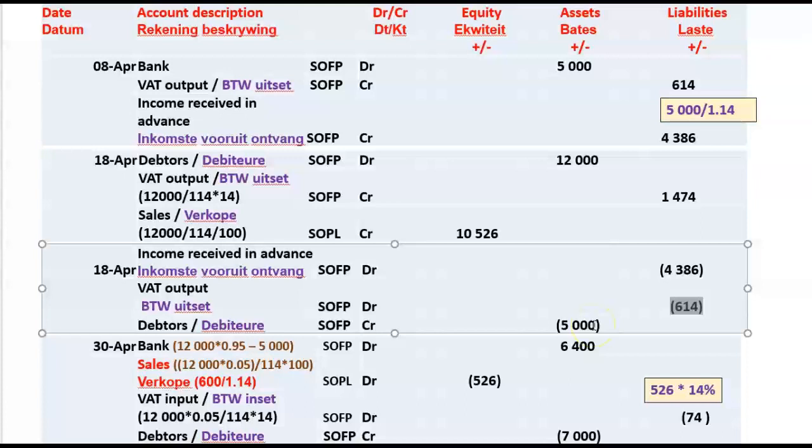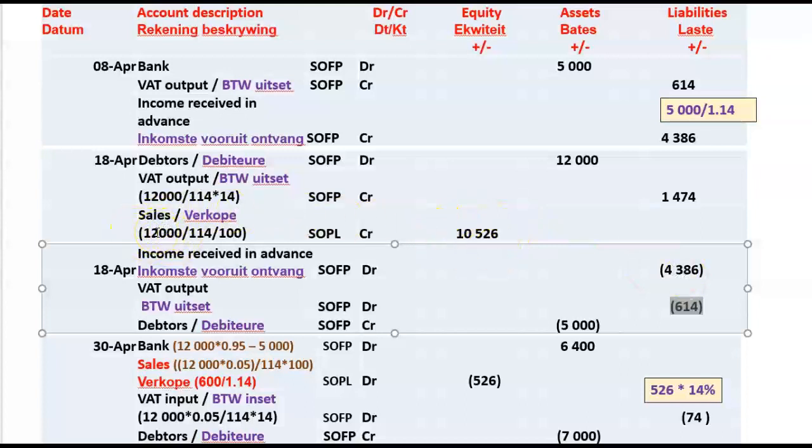What will the balance be on our debtors account now? 12,000 less 5,000 equals 7,000. Isn't that what it was supposed to be? Yes. That one and that one cancelled out. That one and that one cancelled out. So what are we left with? We are left with sales of 10,526, which is correct.